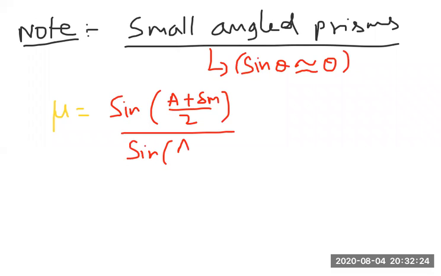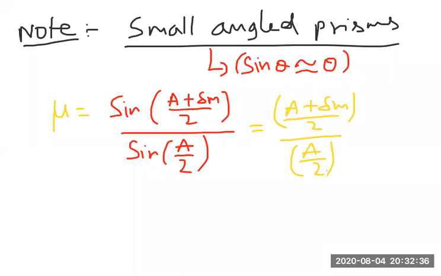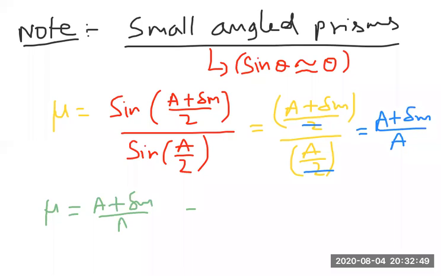So for small angle prisms, we can write simply (A plus delta m) by 2 over A by 2. The 2 and 2 will be cancelled, and we are left with (A plus delta m) by A. So mu is equal to (A plus delta m) by A. If you cross multiply, mu A is equal to A plus delta m, and from this, delta m is equal to A into (mu minus 1).